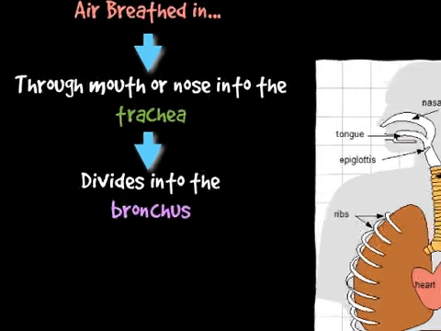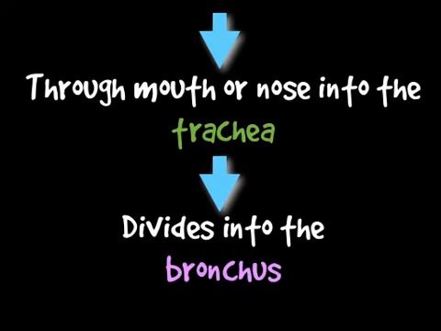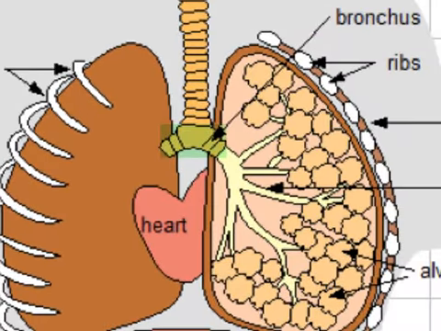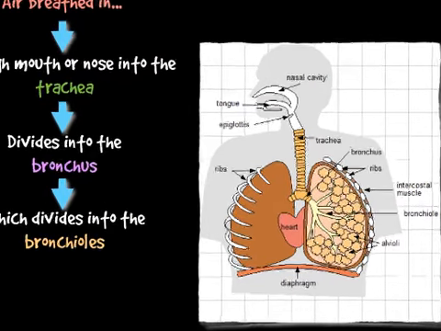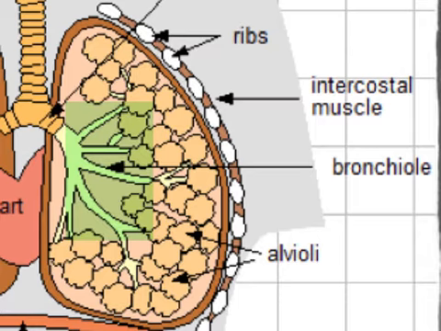Once it's bypassed the trachea, the air then divides into the two bronchus, which you can see as the Y-shaped area on your diagram, and further from there divides even more into what we call the bronchioles. Now, at the end of the bronchioles, you'll see lots of little cotton wool type pictures on this diagram, which I call the alveoli.